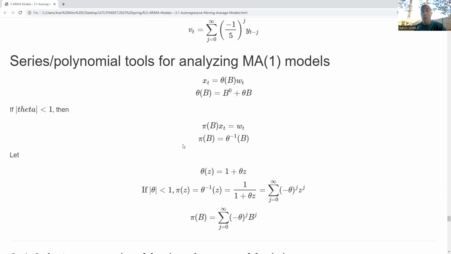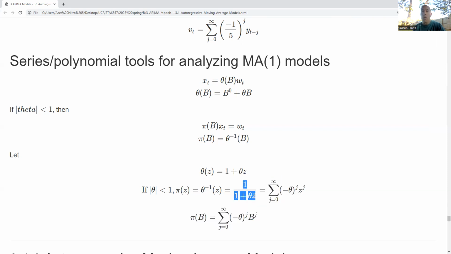Now, if everything is the way I would like it to be, what's going to end up happening is that if we have invertibility, then this pi operator is equal to the inverse of theta. Now, this is not 1 over theta. This is the inverse operation of theta. And so when I talk about inverses, there are specific cases that we're going to dig into the most. If this is my polynomial representation, my characteristic polynomial for the time series, then its inverse is going to be this rational function.